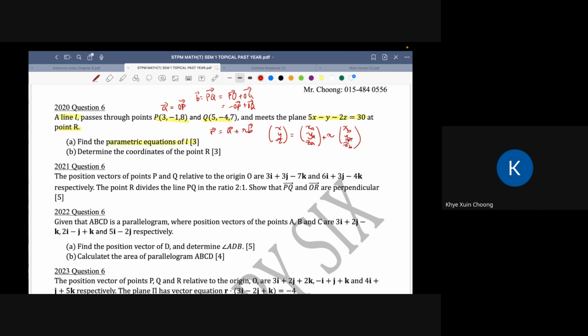Here you should find some values. So your parametric equations should be x equals xA plus lambda xB, y equals yA plus lambda yB, and z equals zA plus lambda zB. This should be the three parametric equations of the line.